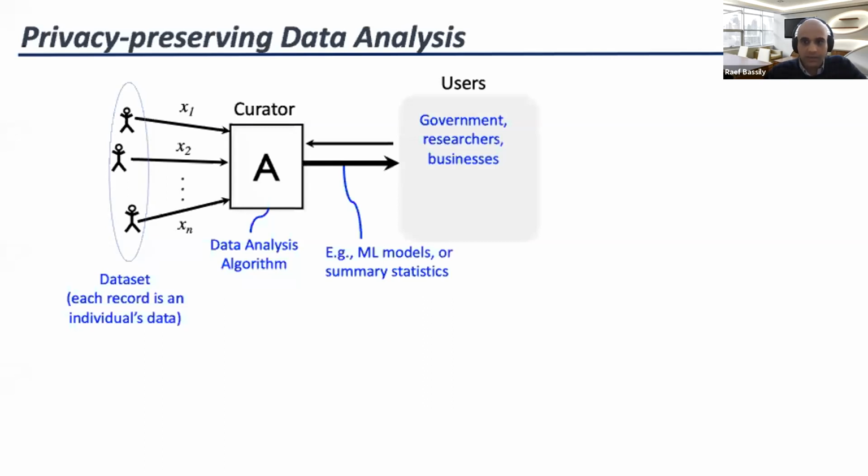And the goal here is to allow various users, such as government agencies or researchers or businesses, to learn useful information about the underlying population from which this data was sampled. For example, such information can be in the form of summary statistics or machine learning models that capture some global patterns in the input data set.